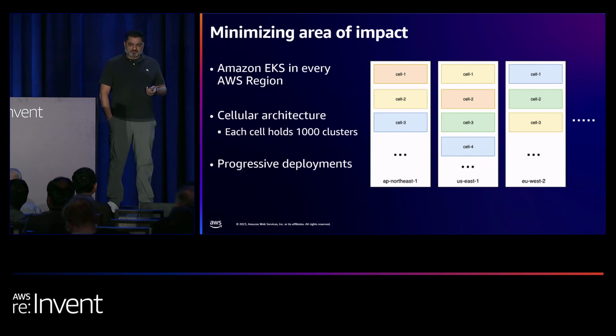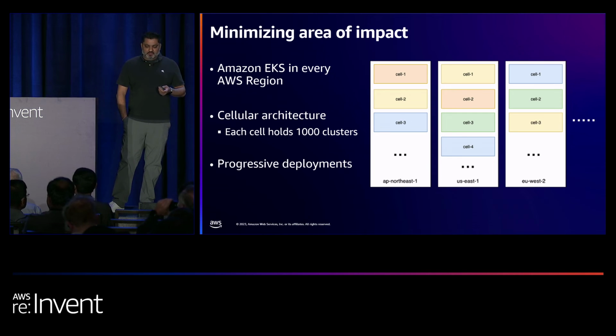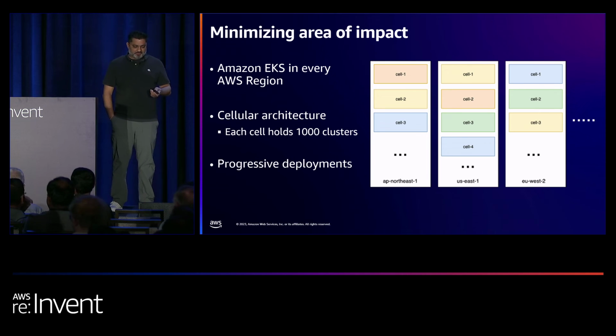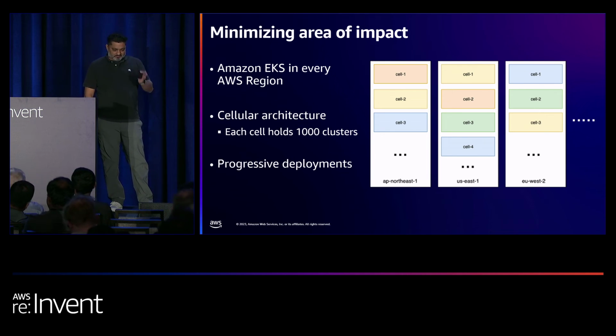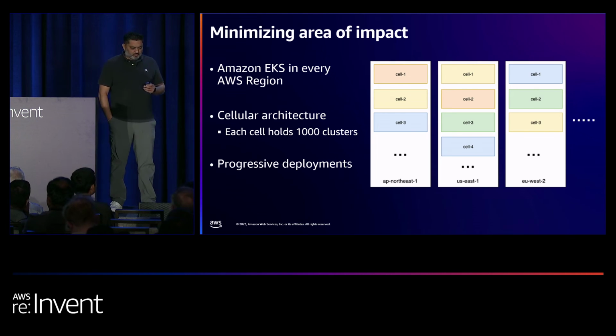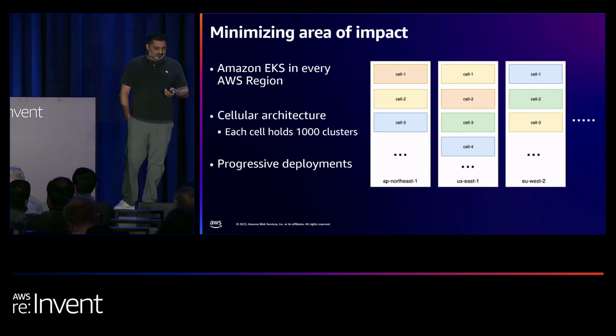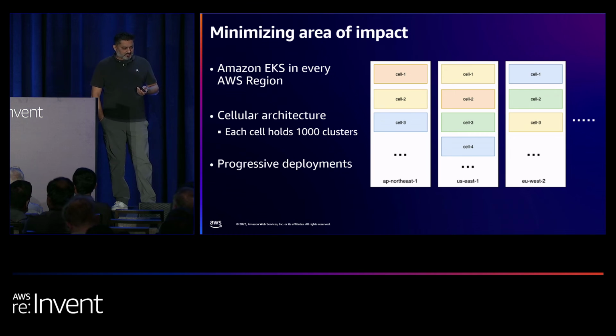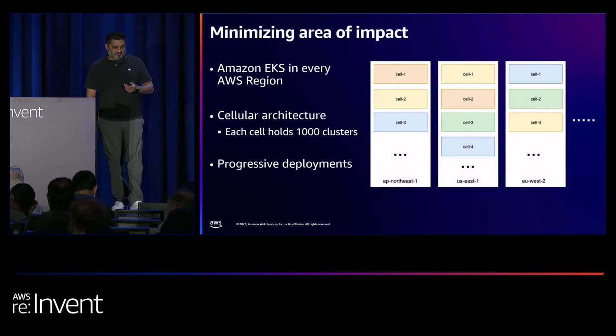The important thing is we limit the number of clusters in a cell to contain our blast radius. So when bad things happen to a cell, we know that only the clusters in that cell will be impacted. So we have 1,000 clusters per cell, and we do progressive deployments, which we're going to talk about in a minute, to make sure that we're doing this all safely.